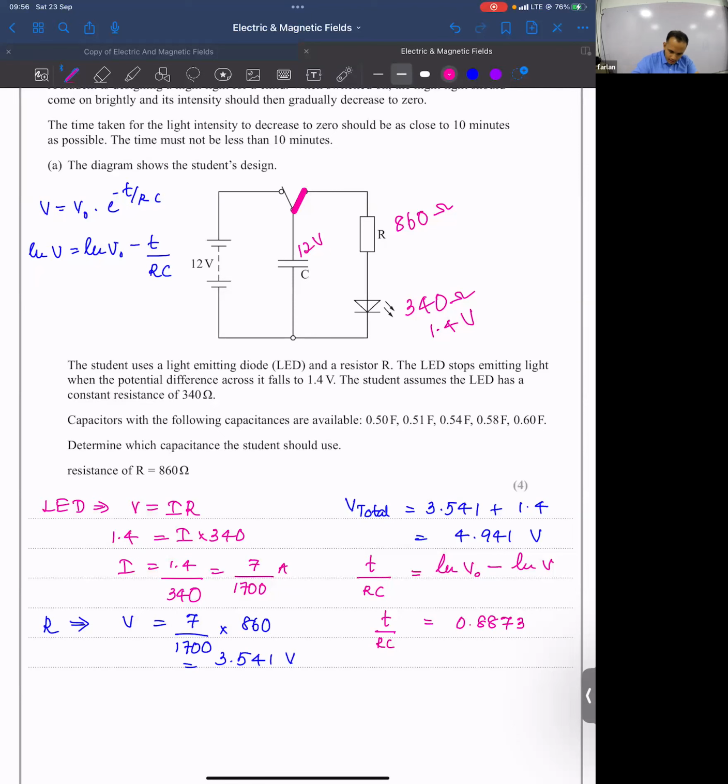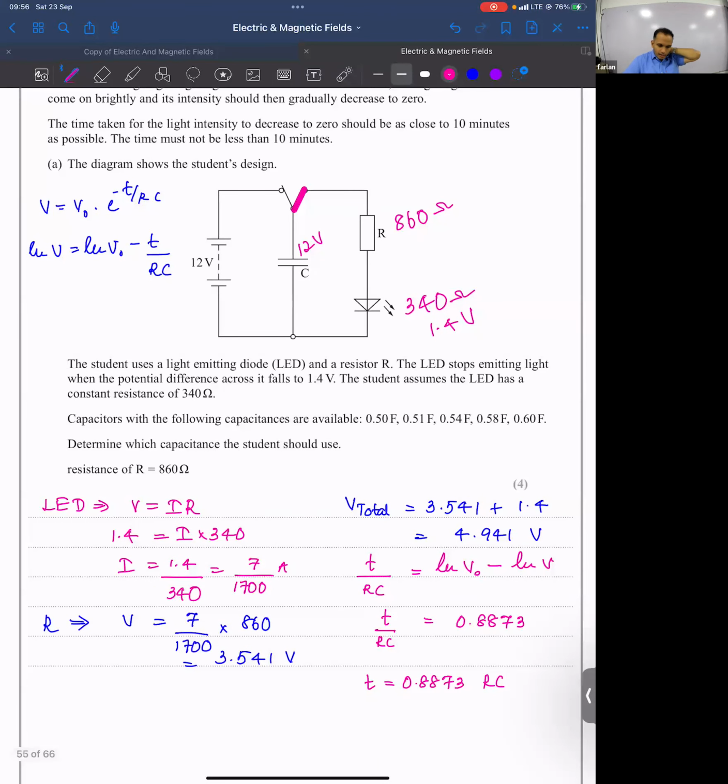So guys, T is equal to 0.8873 RC. Okay, listen carefully. We know the R, right? What is the R? Not 860. It's 860 plus 340.